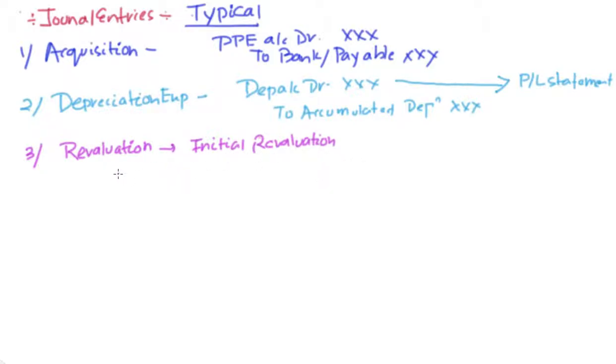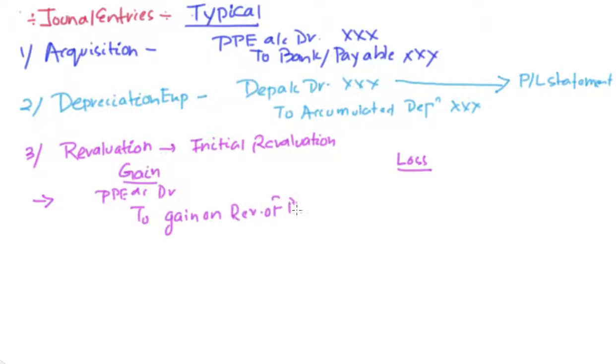I will bifurcate the screen into two parts, gain and loss. The first journal entry would be the PP&E account debited to gain on revaluation of PPE. This is the first journal entry.